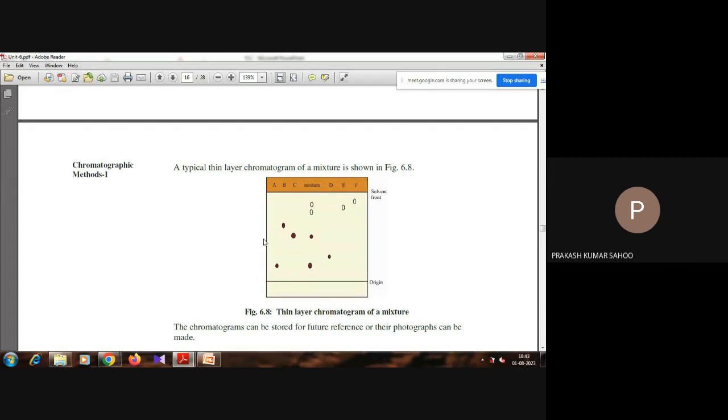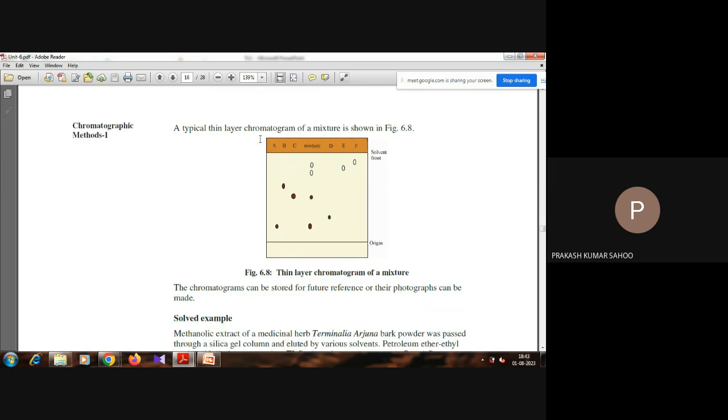So this is just a figure for your thin layer chromatography of a mixture. Just see this. This is just a thin layer chromatography plate. We put one origin here just above the bottom line. Then we put different samples.